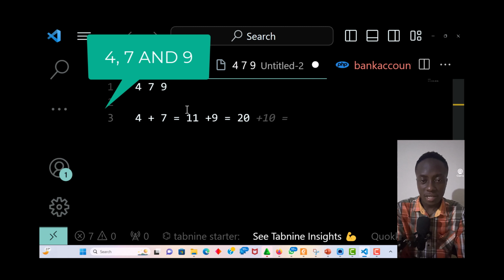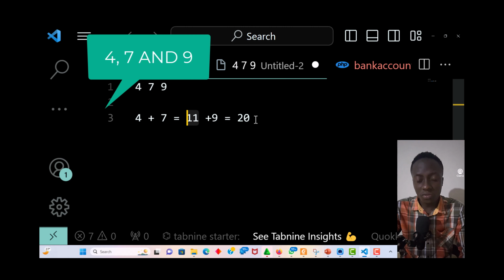So the first student says the sum of the 3 numbers is 20, and the procedure he has used to get this is to add the first number plus the second number, says the answer is 11. Then he adds that sum to the third number to get 20. This is one way one of the students has decided to solve the problem.